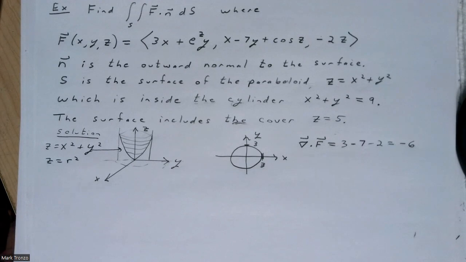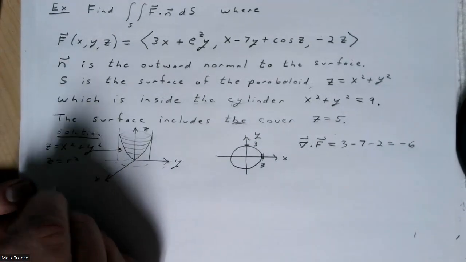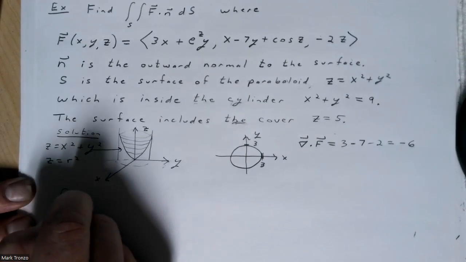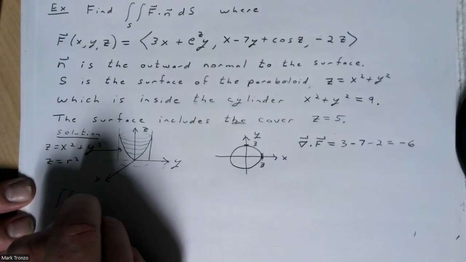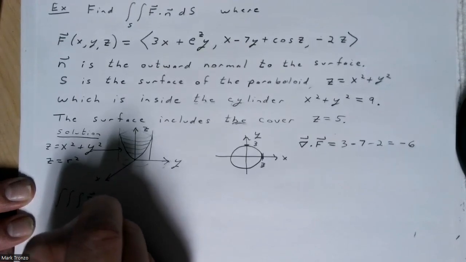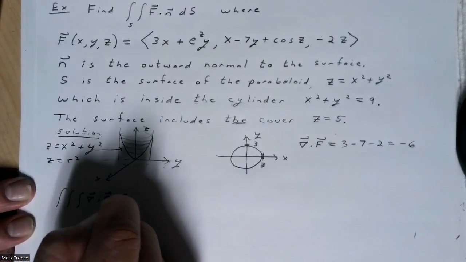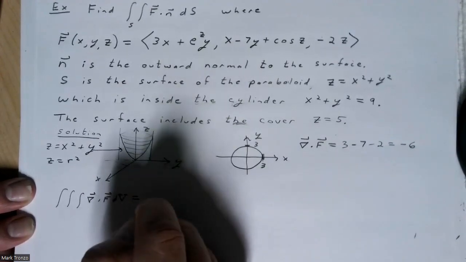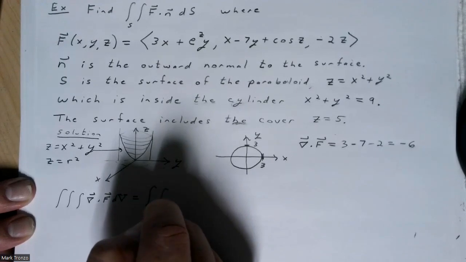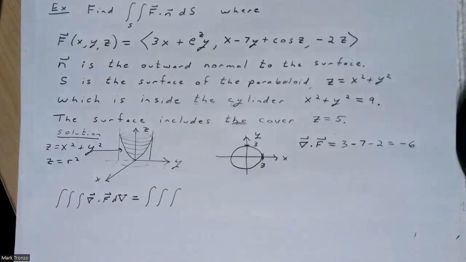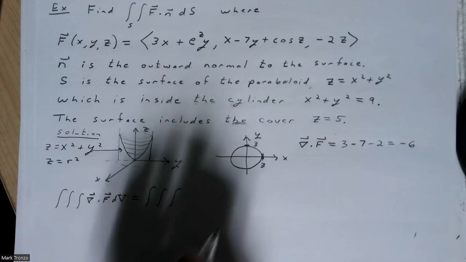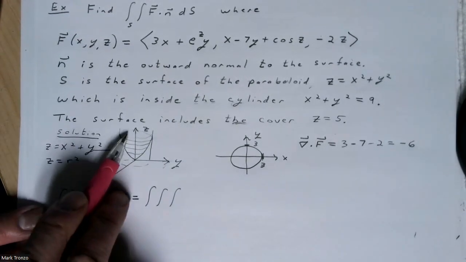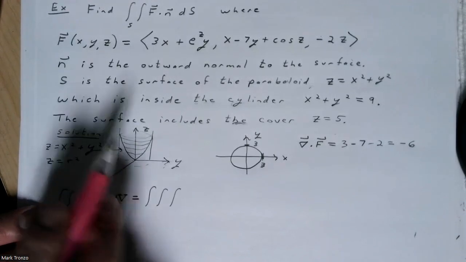And so let's apply the divergence theorem. And remember, we're going to do the triple integral of the divergence of f dv, which is going to be equal to this. So mainly, we're inside this paraboloid and going to go up to this z equal 5.